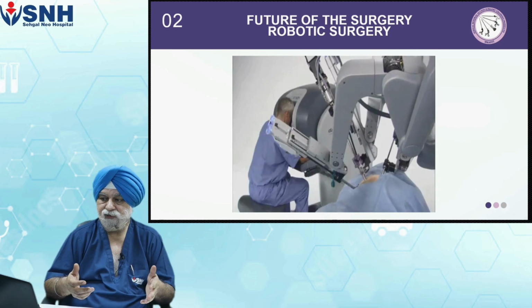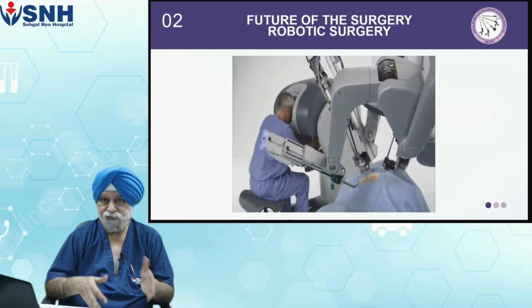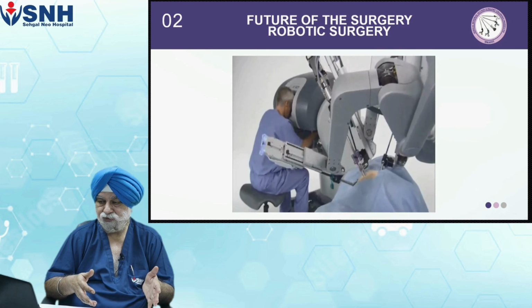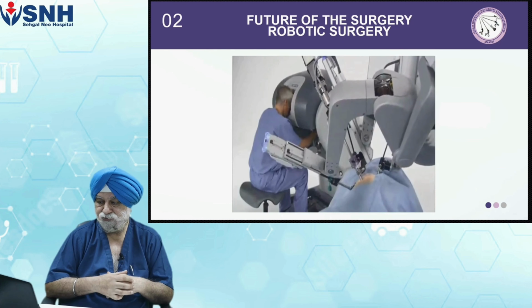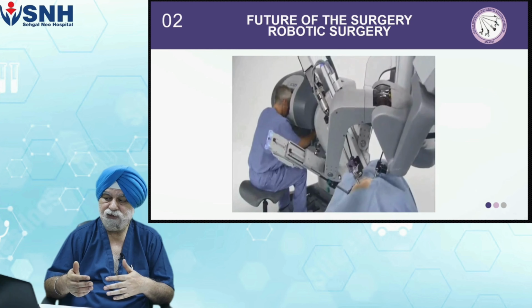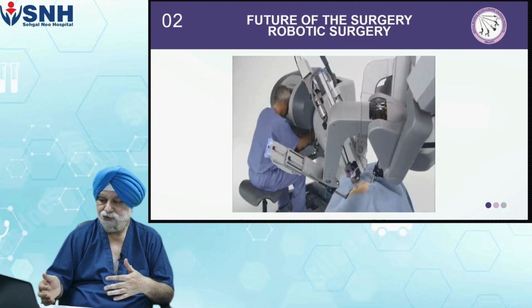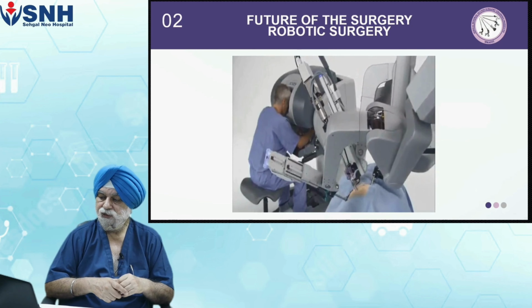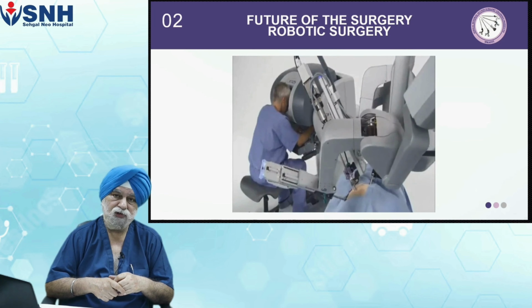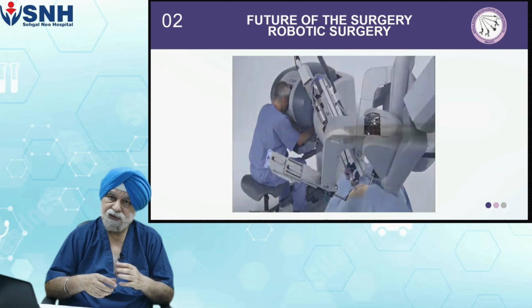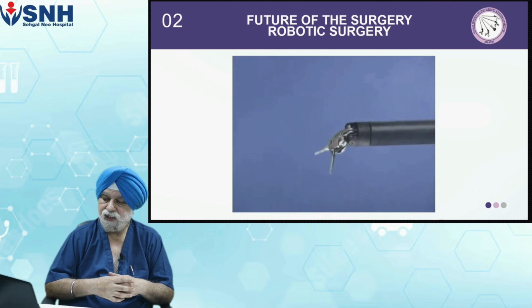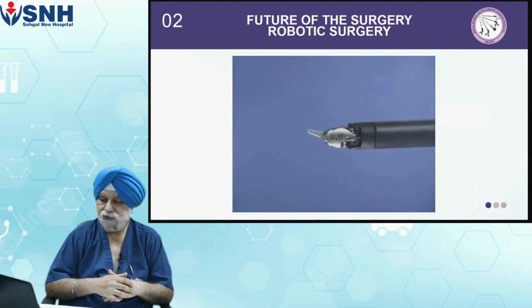Outside, nobody can activate the instruments. Only the surgeon sitting in the master console can activate the instruments. So whatever movement the master console surgeon is making, the robotic arms will make all those movements inside the abdomen. And then there is a vision cart also.